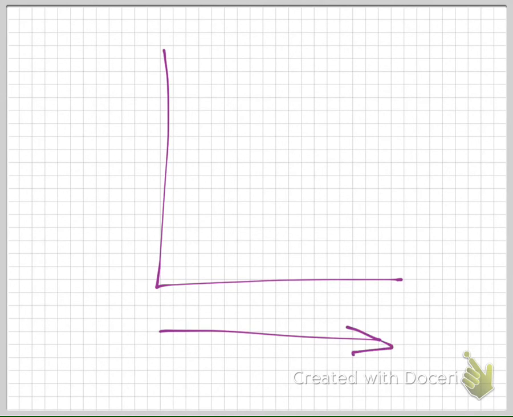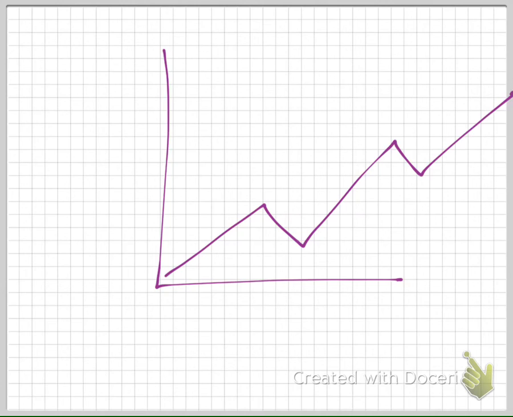Let's look at example number 3, analyzing graphs. Here's the deal about graphs, people. Graphs look like this. Here's a very crude one. Time travels from left to right whenever you're doing a graph, right? And so if you see a graph that is doing this, that means that it is increasing over time.